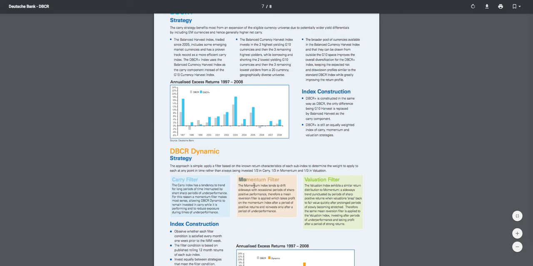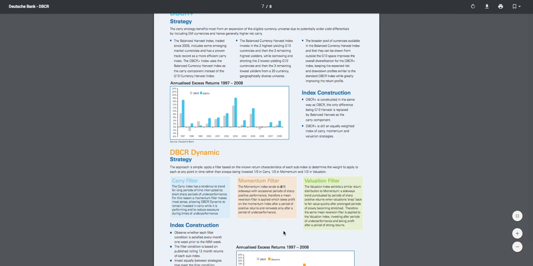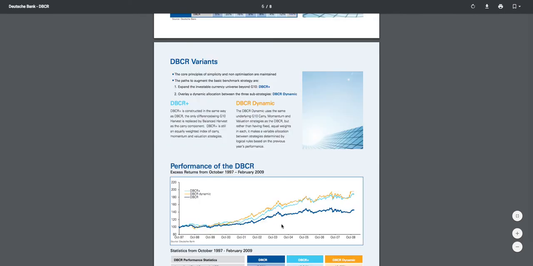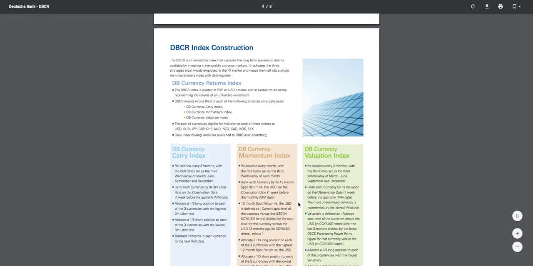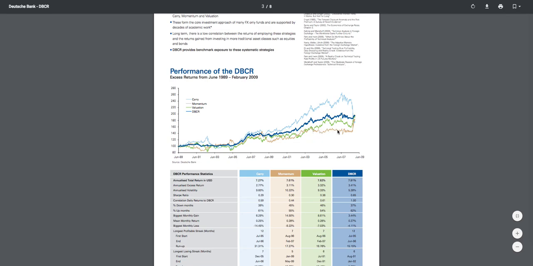The momentum filter, they describe it as a mean reversion, but that's because momentum, going back to the charts again, as you can see, will go very flat for a long period of time.